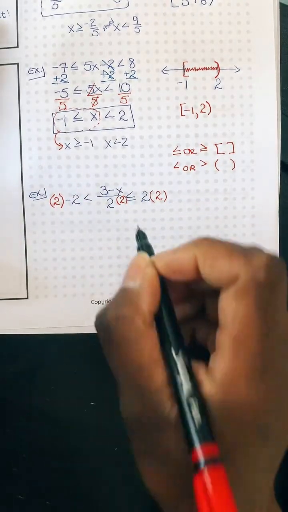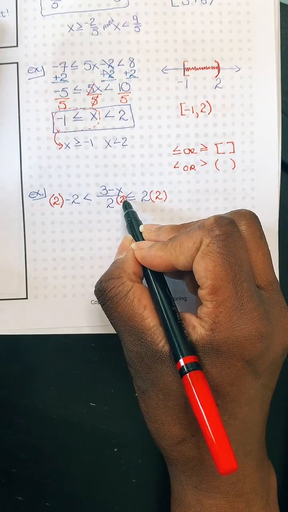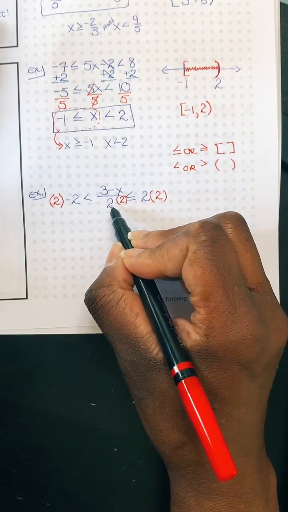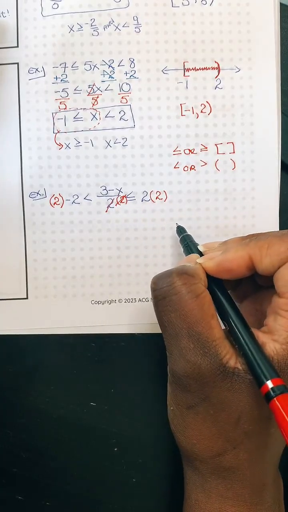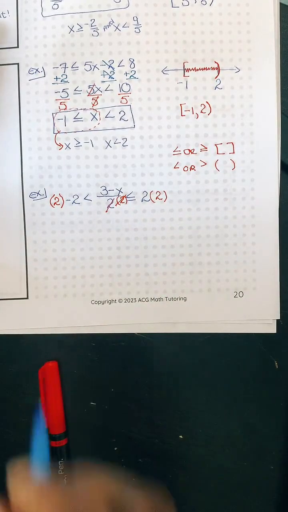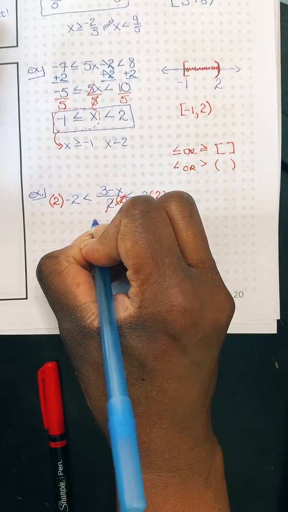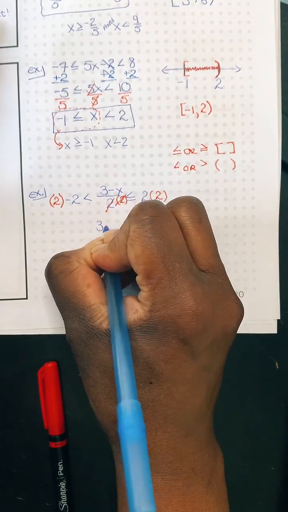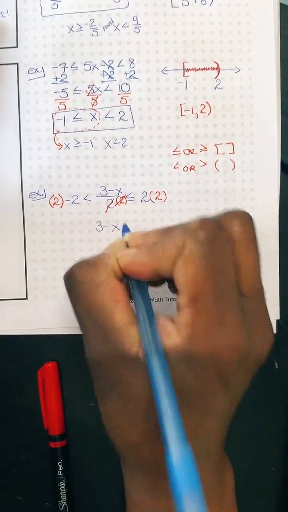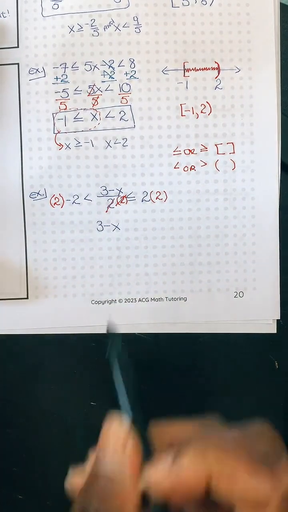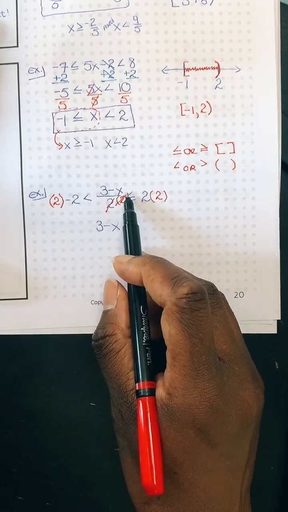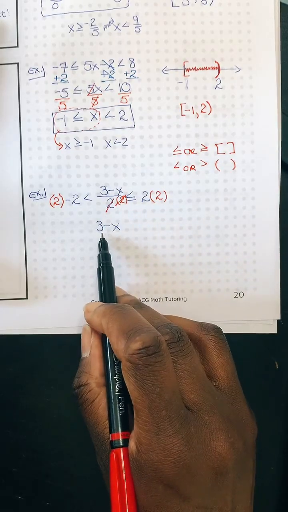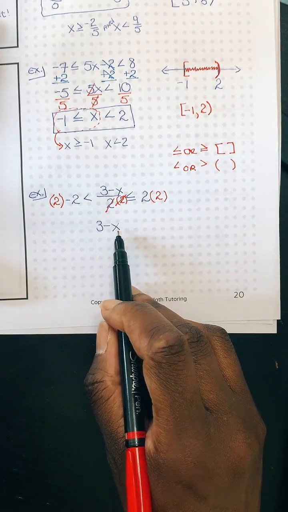Because when I multiply it, it's really going to be 2 divided by 2. These 2's are going to cancel out, and what's left in between is going to be my 3 minus my x. The reason I multiply by the denominator is so I can get rid of that fraction, and now I have 3 minus x.